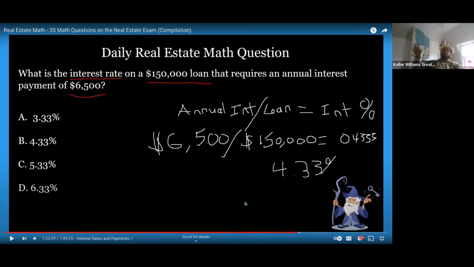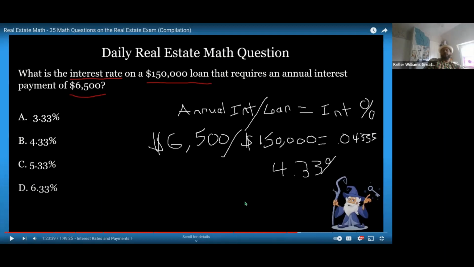Because remember, we're looking for the percentage of the total. If it was 650,000 out of 150,000, then you're talking over 100%.